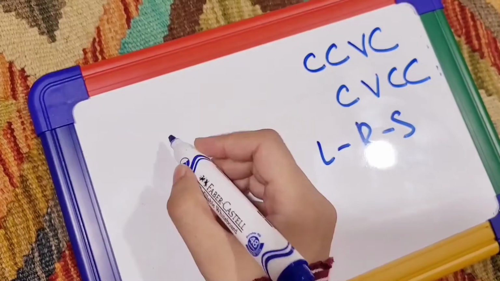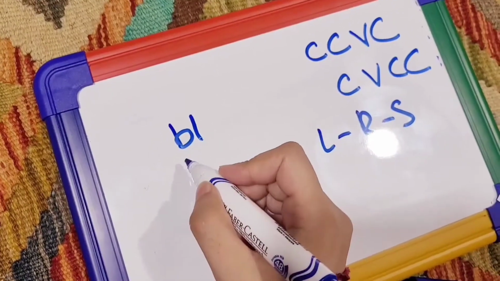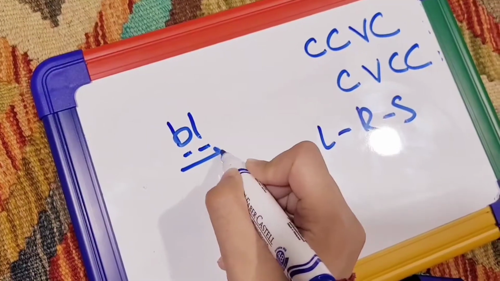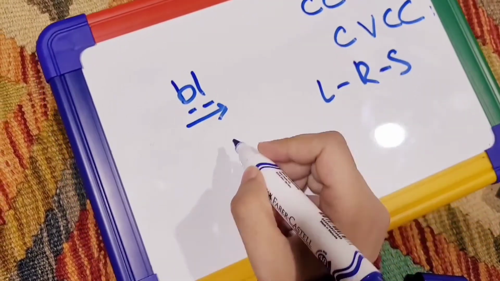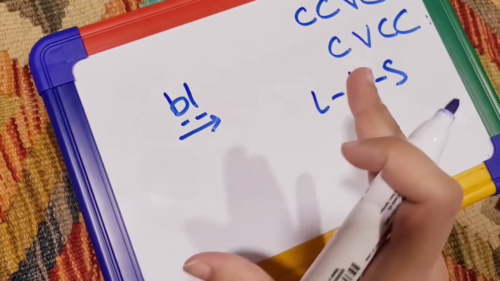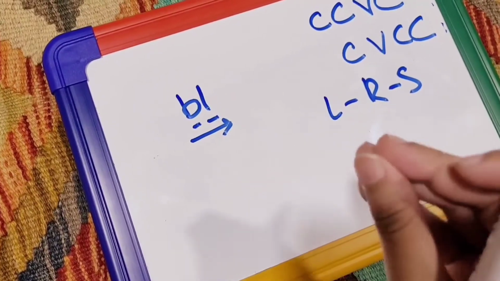So you can start by teaching them the L blend BL. This is BL. So you are going to show them that this is BL. And then you are going to practice reading some words. You will not give them big words, just words like they have been reading as CVC words.